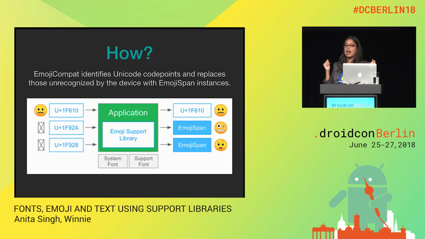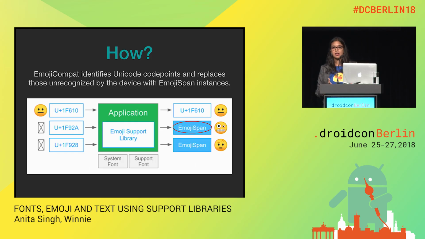So great, how does it work? Emojis are represented by Unicode code points. What Emoji Compat essentially does is identify the Unicode code points that represent emojis, and check to see if the system can render it. If it can, great. If it can't, then it replaces the Unicode code point with something called emoji spans.